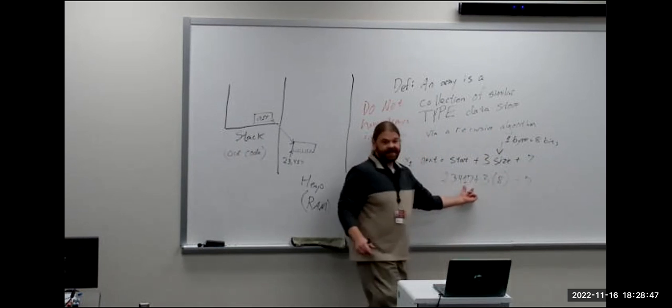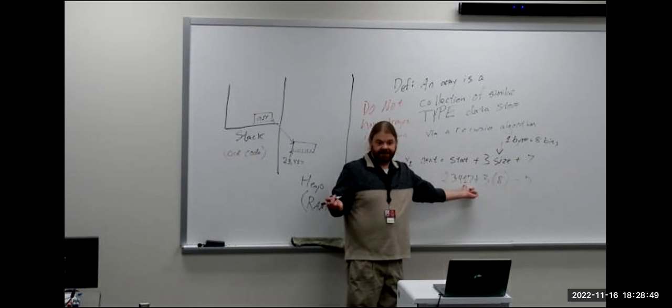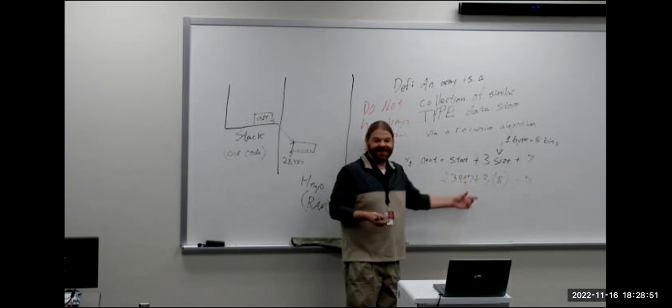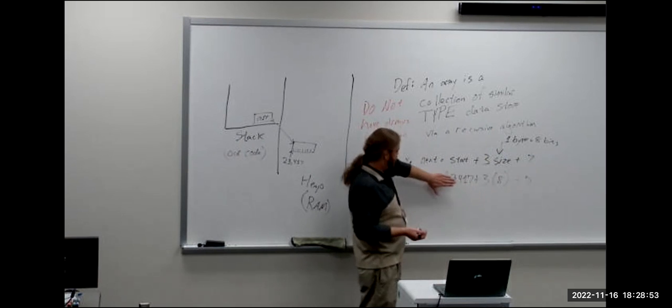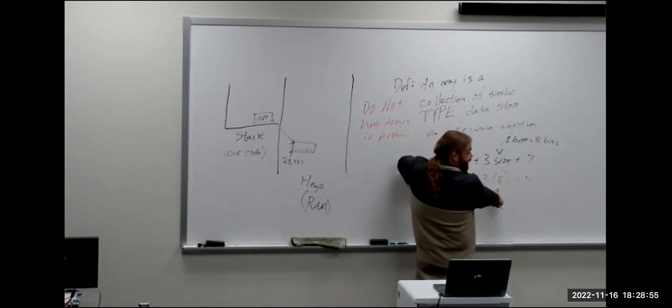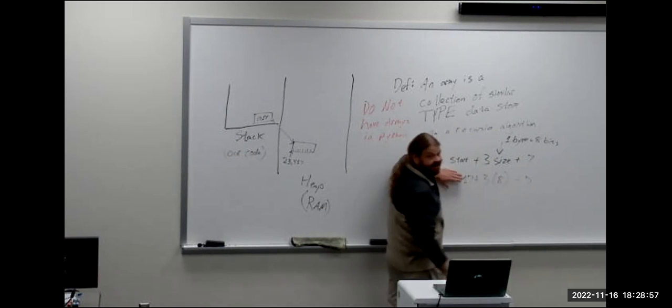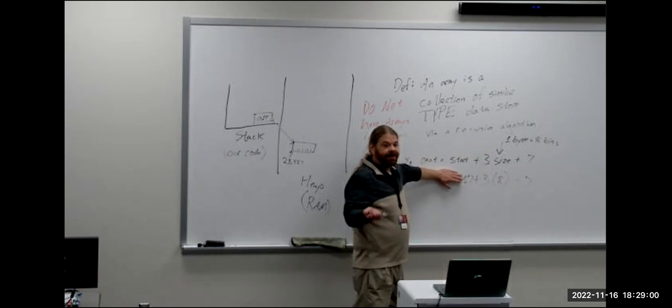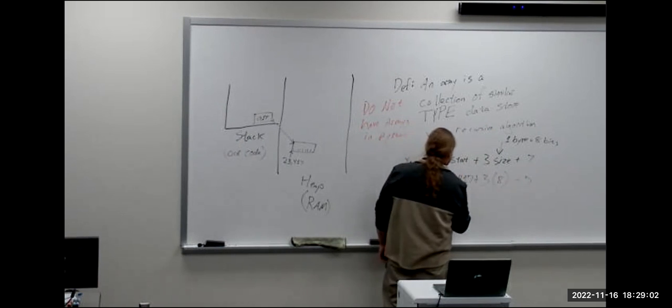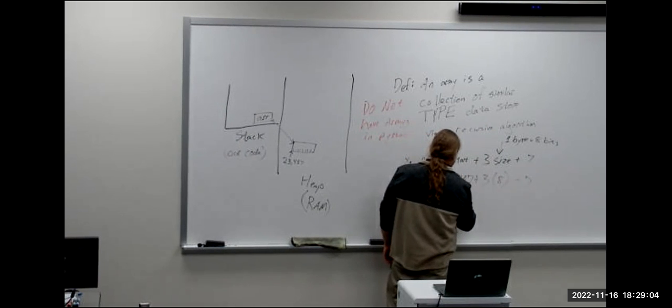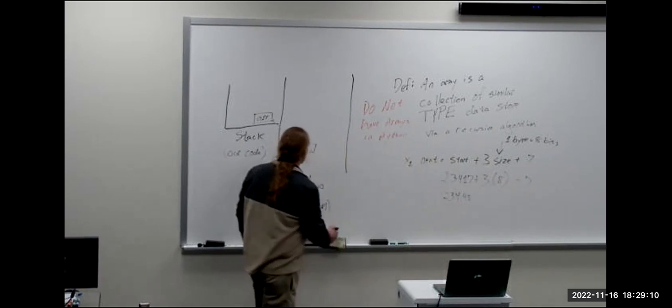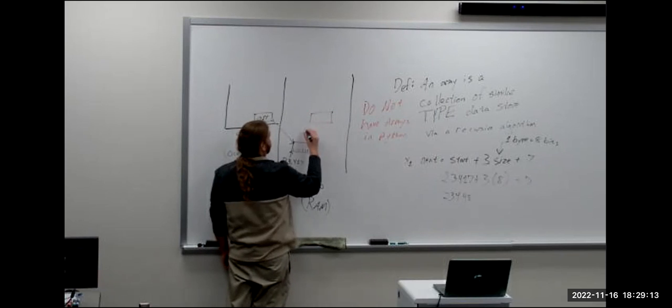And 31 plus 17 should be 48. That sound right to everybody? 3 times 8 is 24. 7 more bring us up to 31. 31 plus 17 gives us 48. And then the rest of those numbers are just going to come along. So the next one starts at 23,448. So somewhere else in RAM. 1, 2, 3, 4, 5, 6, 7, 8. Oops, that should have just been 7.